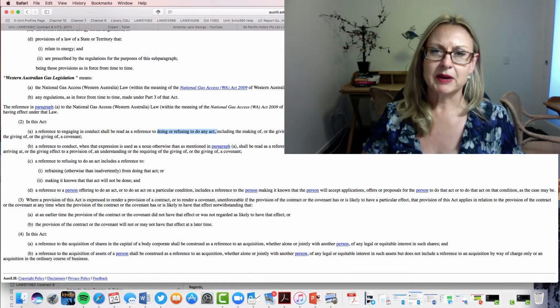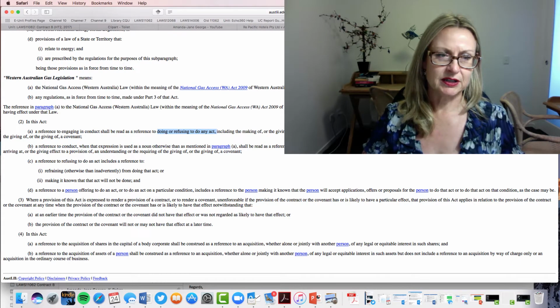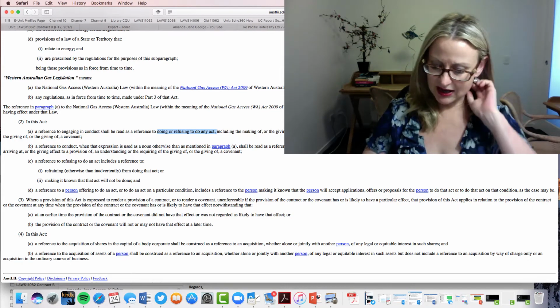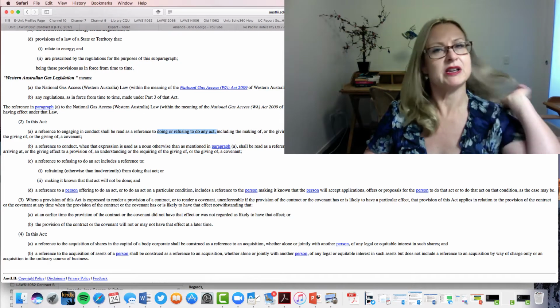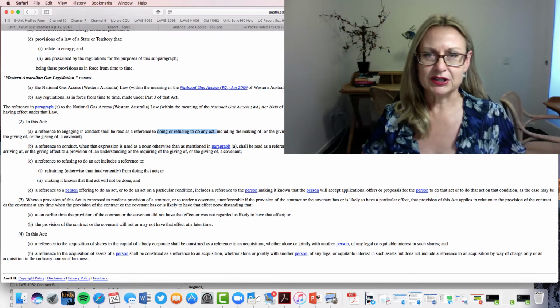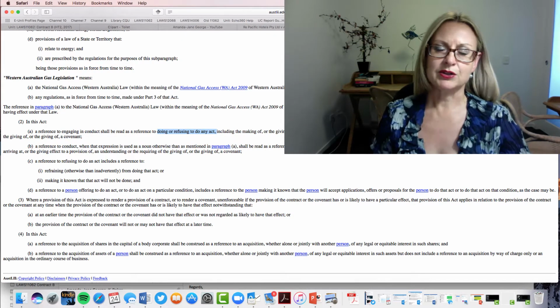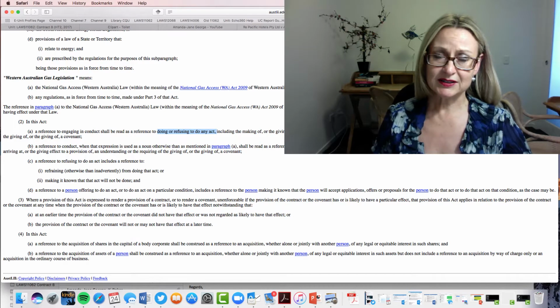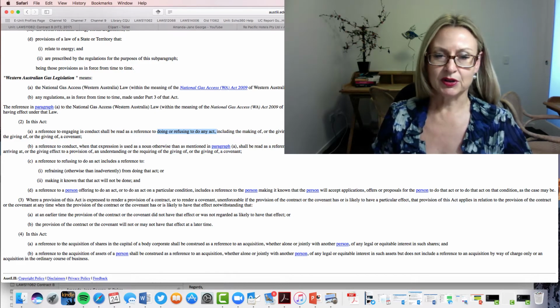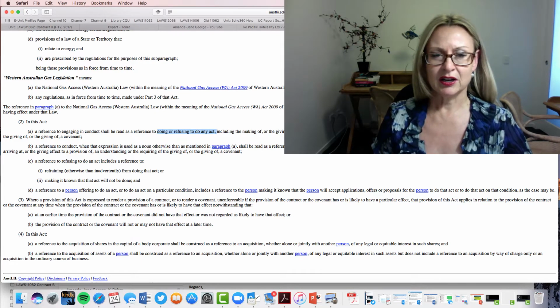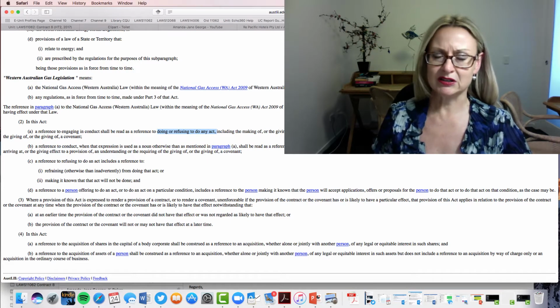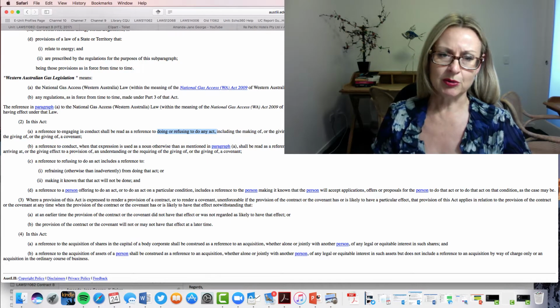And if you skip back to the main body of the legislation in the interpretation provision, section 4 sub 2, conduct is doing or refusing to do any act. And where you have someone refraining from speaking up, then that conduct is going to include silence. Now, the Act doesn't require you to speak up in all circumstances. Obviously, as with the common law of misrepresentation, there still has to be a place for things like caveat emptor to operate in.